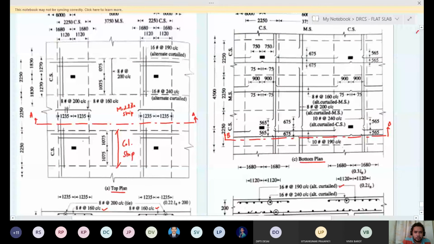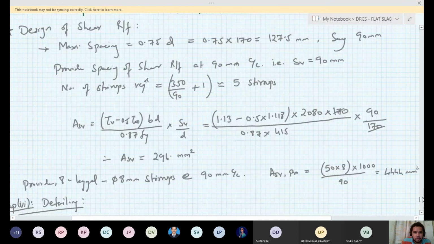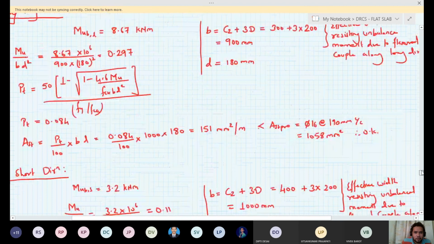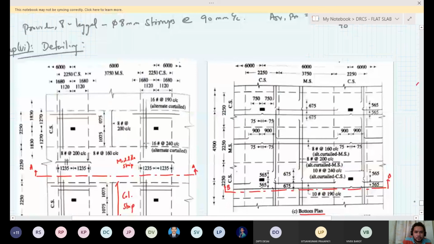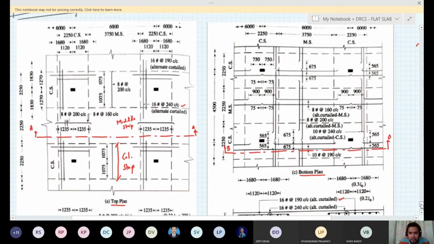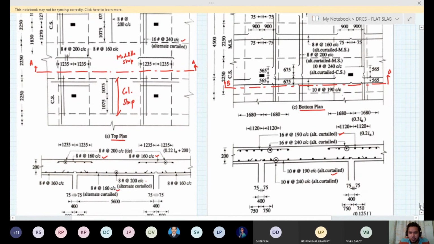So in the top, this reinforcement is 16 dia 240. Okay, and same way in the bottom you would be able to see 10 dia 240 center to center, or simply you can see that in the dotted part also.